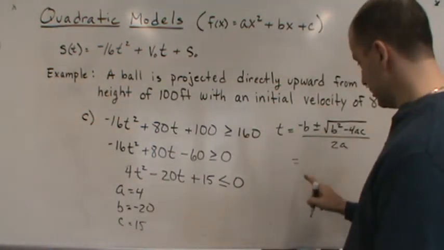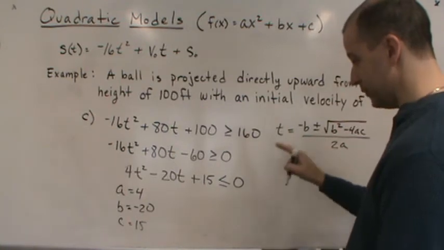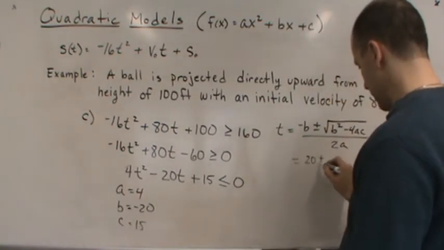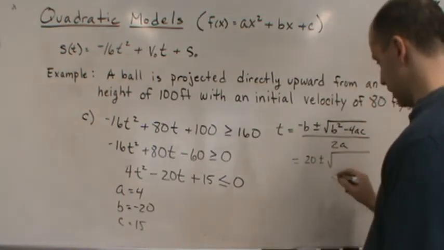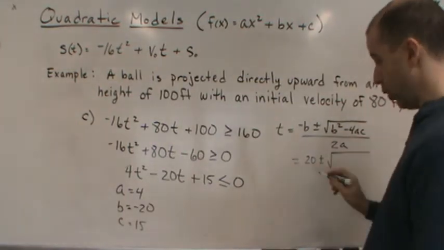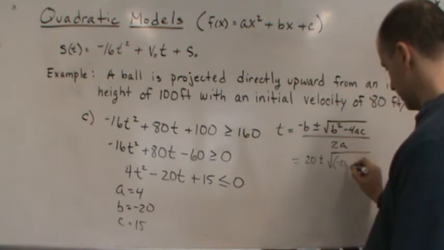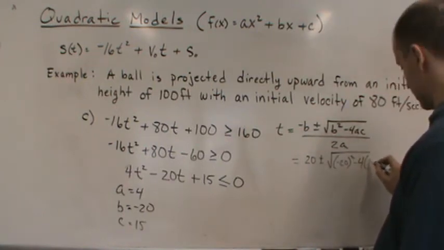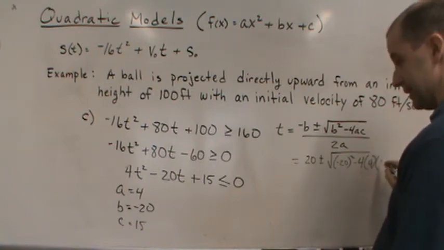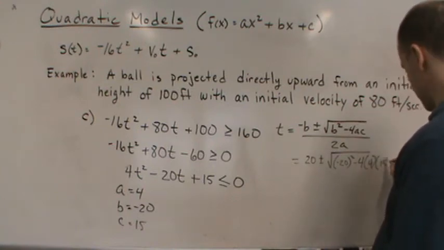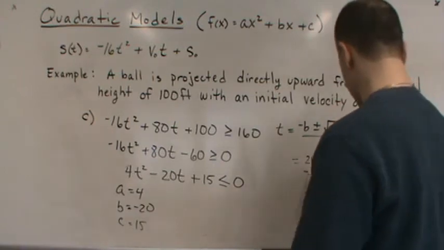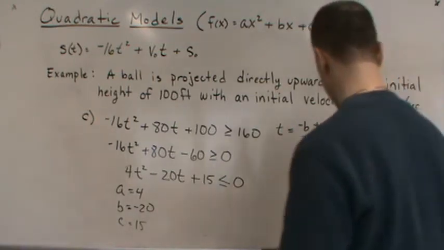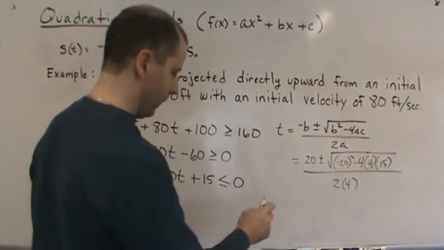So negative b: the negative of -20 is positive 20. So it's going to be positive 20 plus or minus the square root of -20 squared minus 4 times a, which is 4, times c, which is 15, over 2 times 4. Okay, now, what do we get?